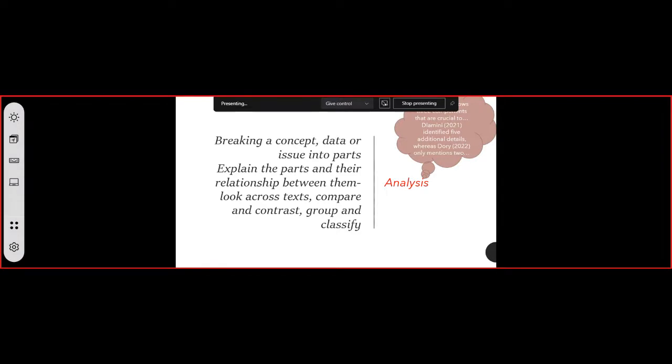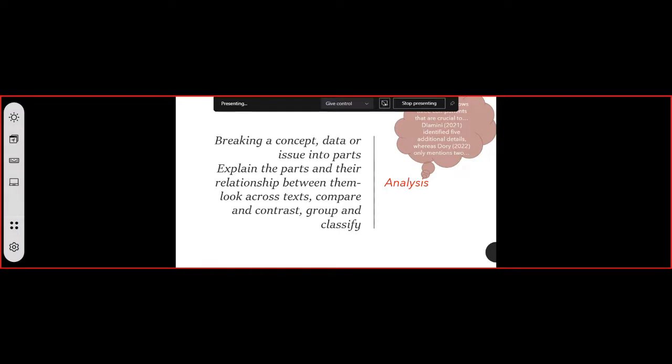You take data apart, and then you explain the parts and the relationship between them, looking across texts, comparing and contrasting, grouping and classifying, or then coming up with themes.